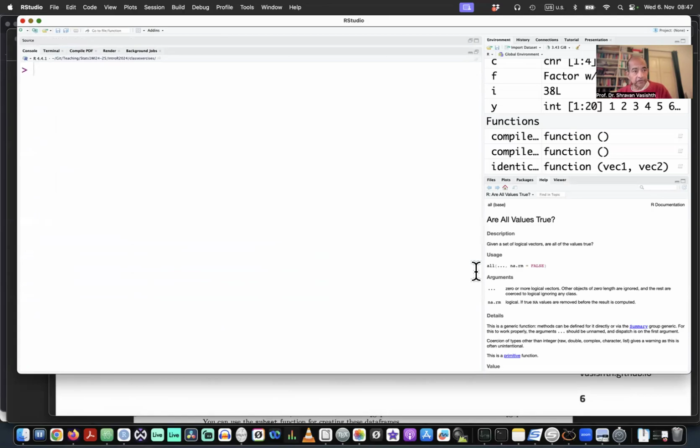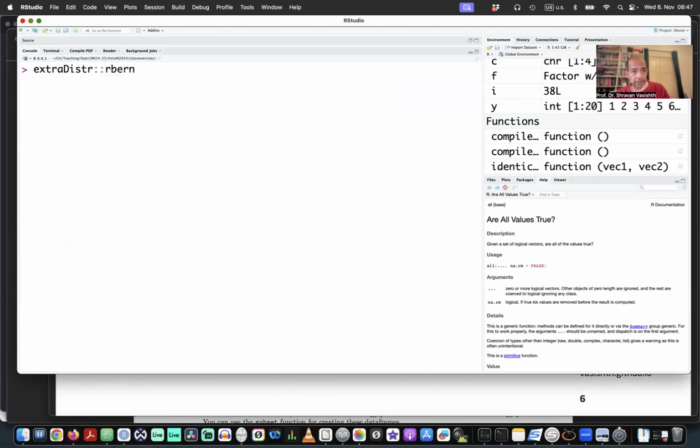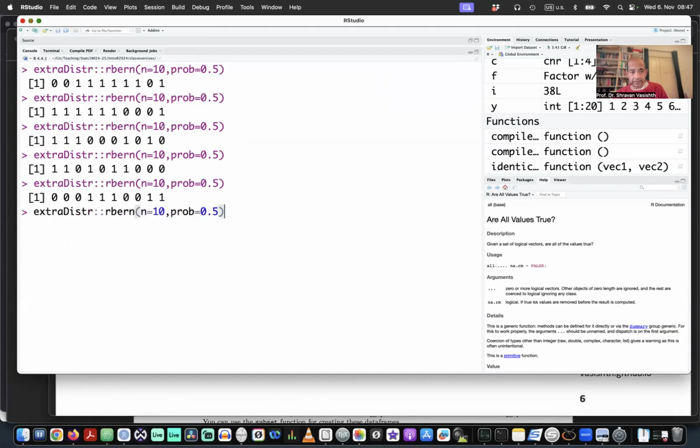What is this? extraDistr, double colon means look up the function in that library. So the function I'm looking at is rbern, and I run 10 instances of the Bernoulli process where the probability of success is 0.5. When I do that over and over again, you'll see that the sequence of successes and failures, so heads and tails, that I'm getting are randomly varying each time.